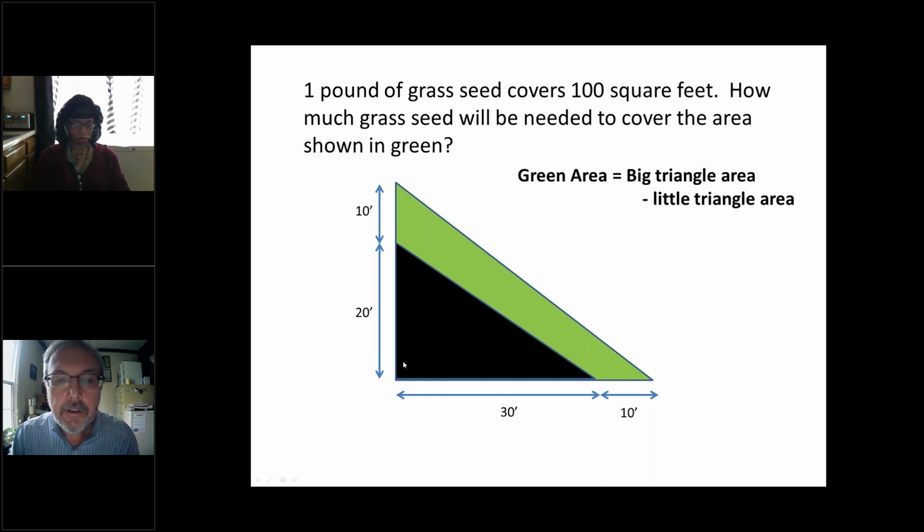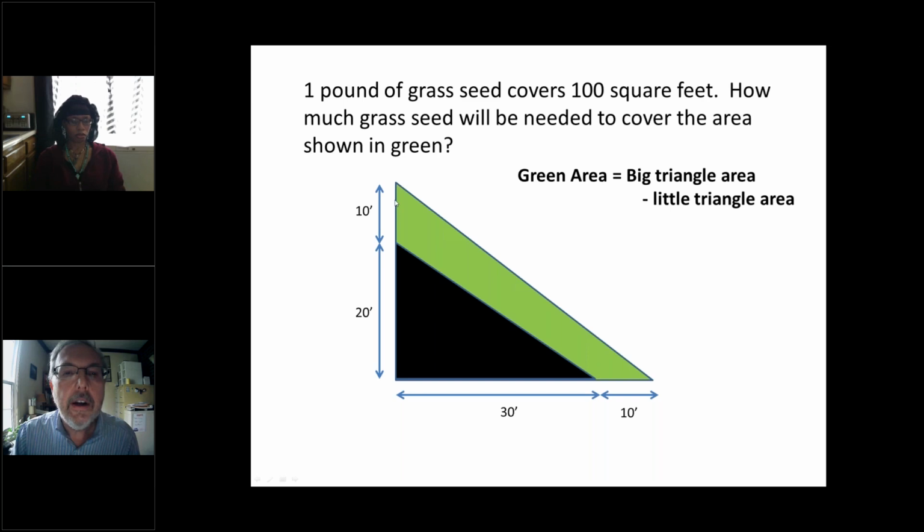Now, if we knew what we started with, and we knew what we took away, just like any subtraction problem, although this one's with area, then we knew what we'd be left with.